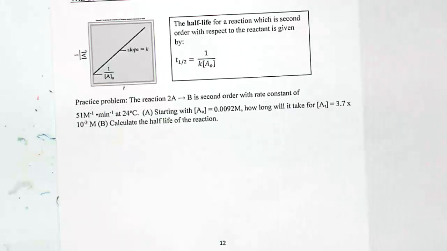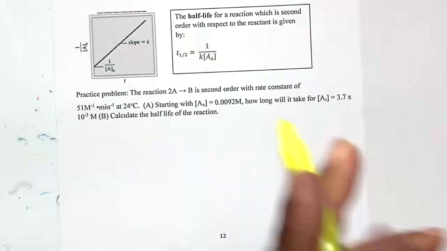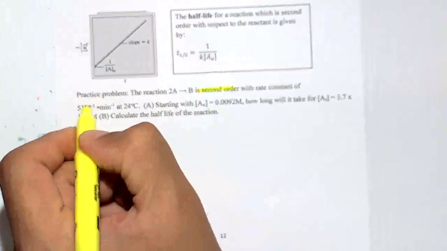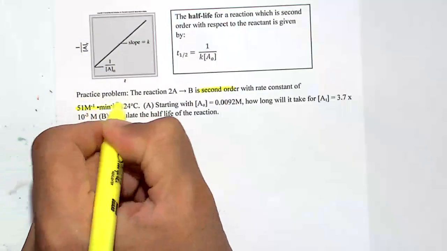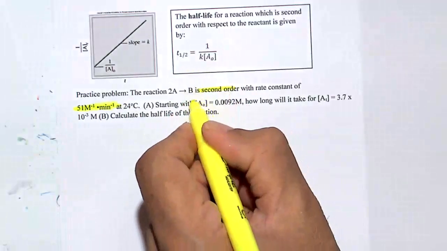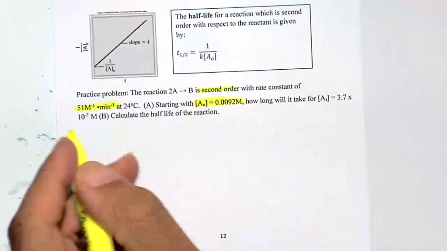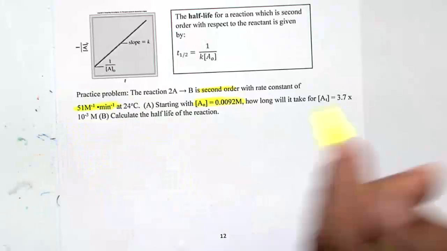This is a second order problem. The reaction 2A goes to B is second order, with a rate constant of 58 inverse molar, inverse minutes at 24 degrees C. Starting with an initial concentration of 0.0092, how long will it take for A to equal 3.7 times 10 to the minus 3?